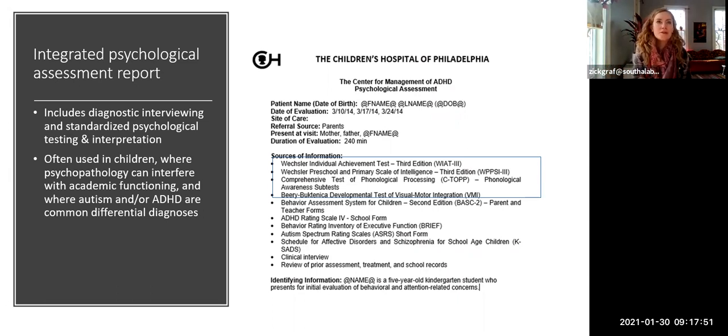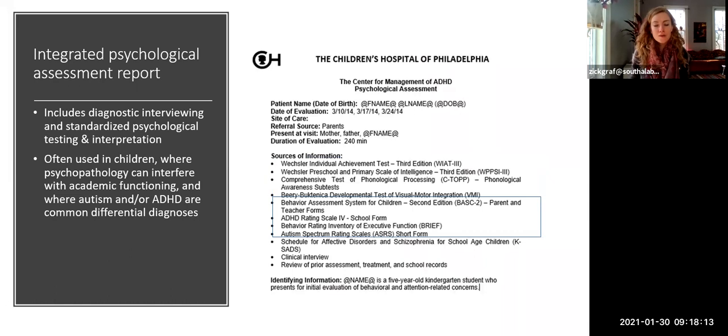The presenting concern was related to autism and ADHD. These are different standardized tests that were performed in this case: an IQ test, an achievement test, a test of phonological processing, which is a test of someone's early reading skills, and the test of visual motor integration, which is a test of early writing skills.